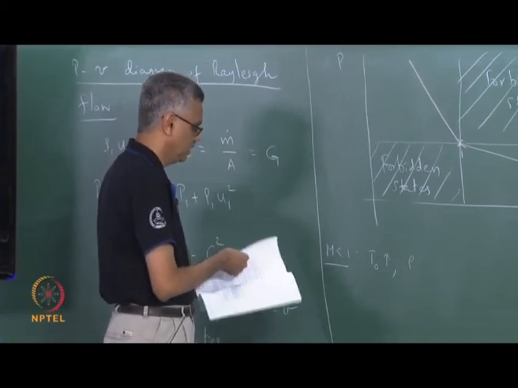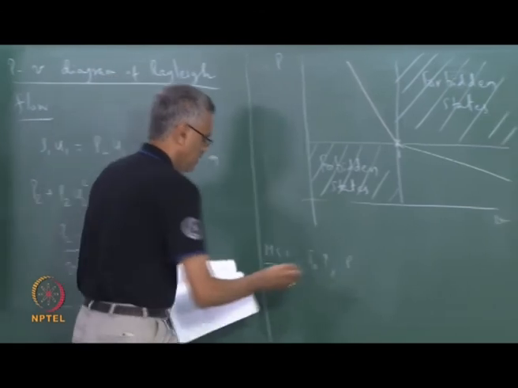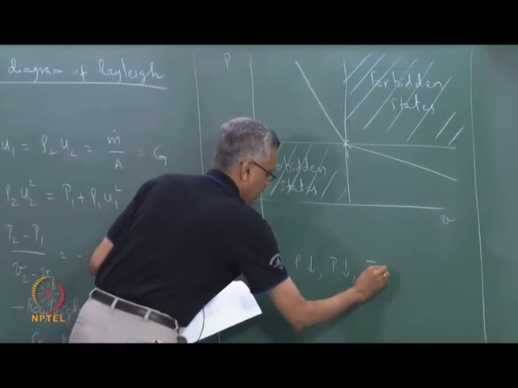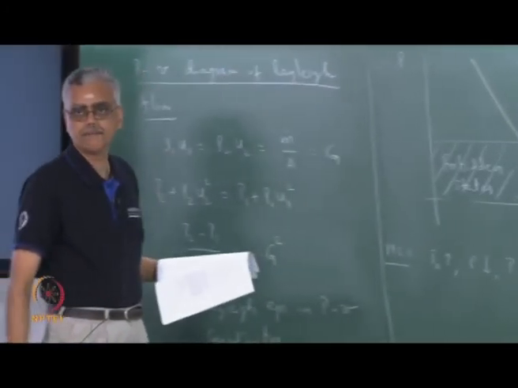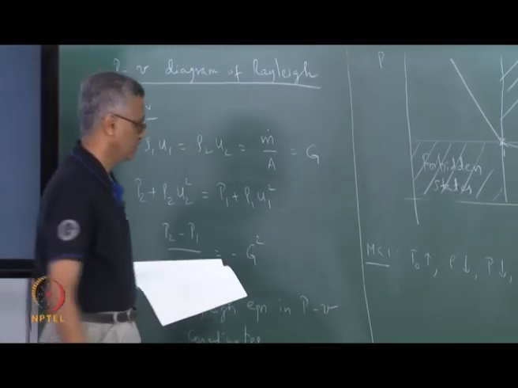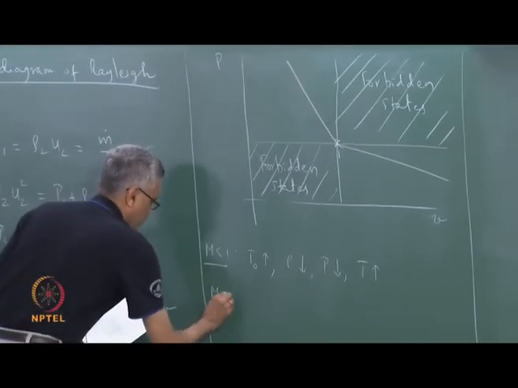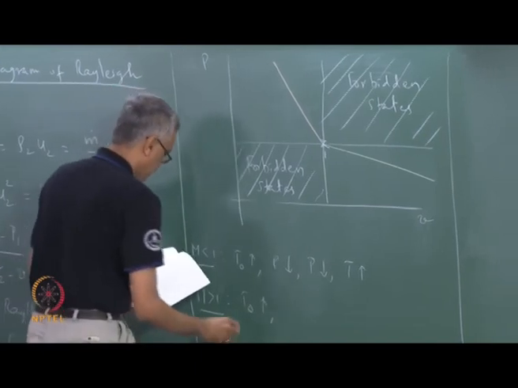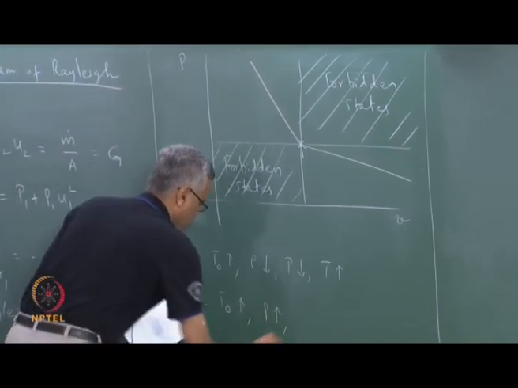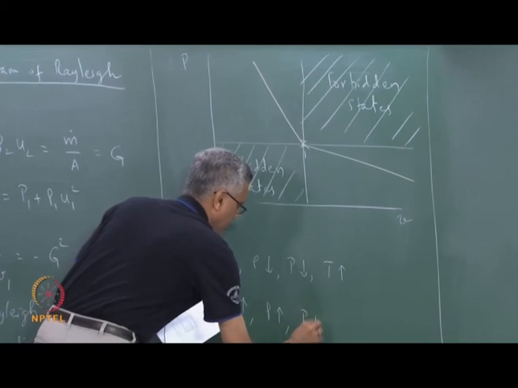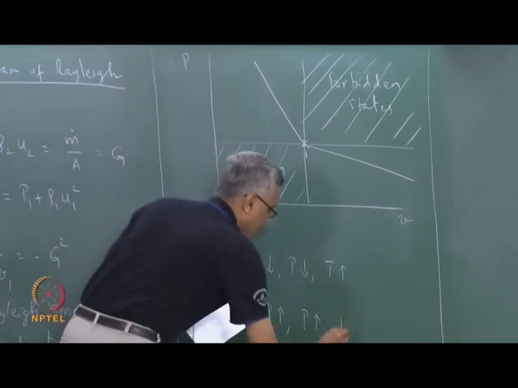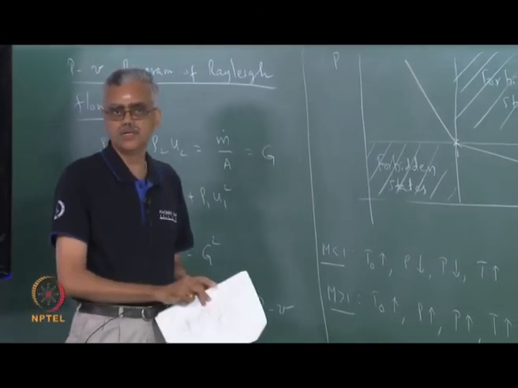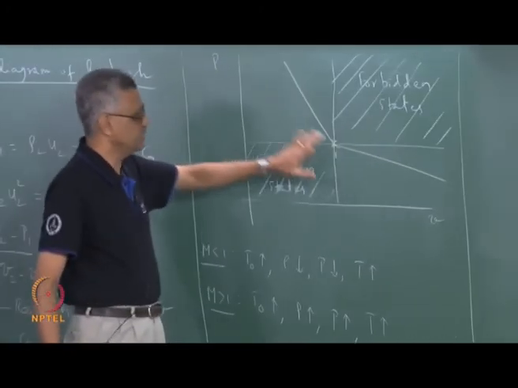We said that rho decreases, P decreases and T increases for a subsonic flow, and for a supersonic flow, if you add heat, then we said that rho increases, P increases and T increases. So, we can use this information to determine which is the subsonic branch and which is the supersonic branch.